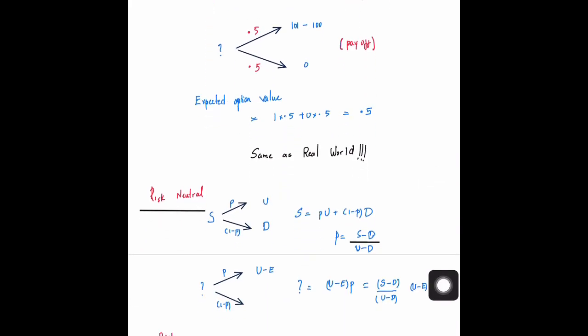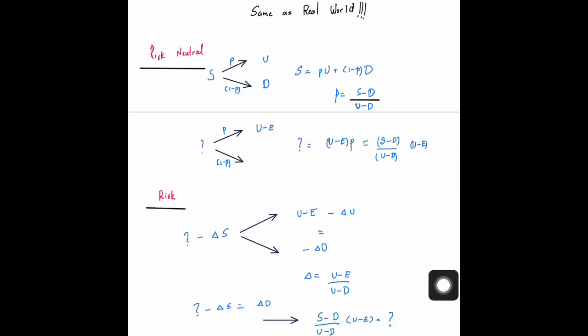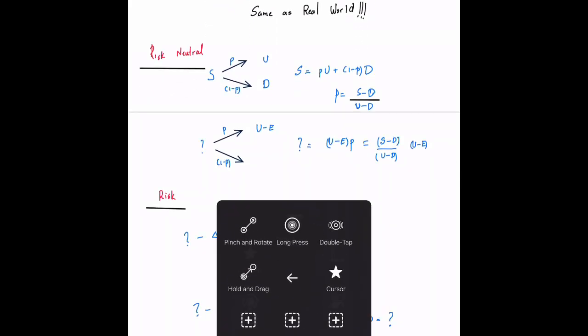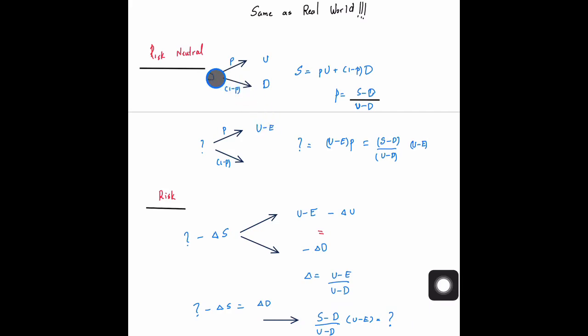Mathematically we can also see why this is true. In case of the risk neutral model, what we had seen was you're having a stock price, it could go up or it could go down, with probability p and 1 minus p. The average value of the stock is going to be probability times up value plus downwards probability times down value.